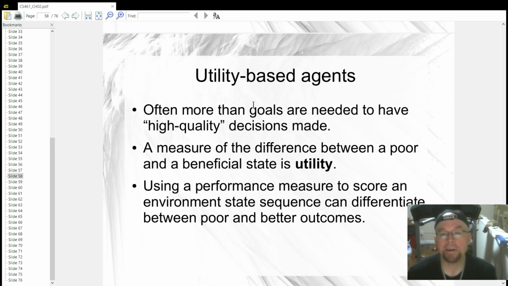Utility-based agents. A lot of times you need decisions that are of a higher quality, that are more sophisticated. You want to make better decisions, so you have to be able to grade one decision against another. So you might design an agent that's controlling a self-driving car, the AI for that, and you might just say, well, start in LA and get to Maine.